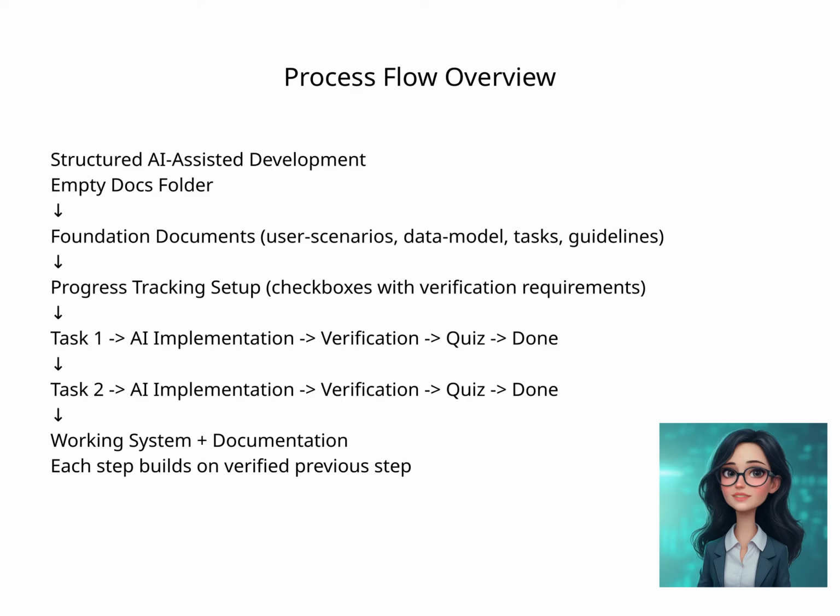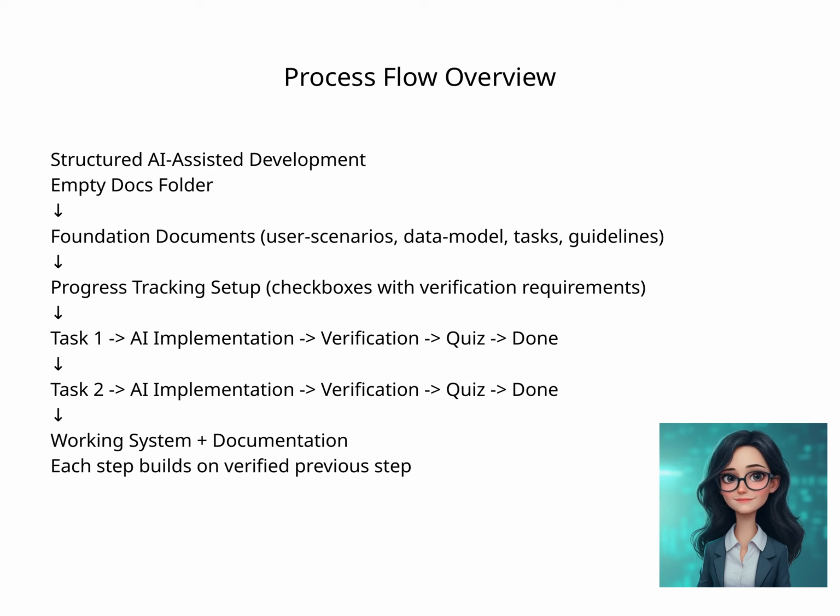Let me show you the process flow that actually works. You start with an empty docs folder, then create foundation documents including user scenarios, data models, implementation tasks, and developer guidelines. Next, you set up progress tracking with checkboxes that have verification requirements. Then you work task by task.